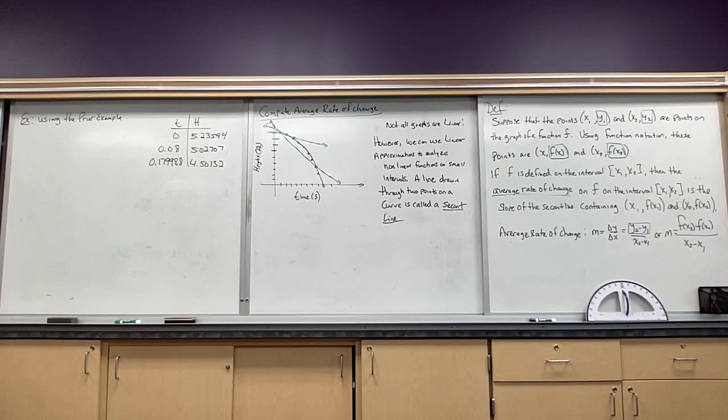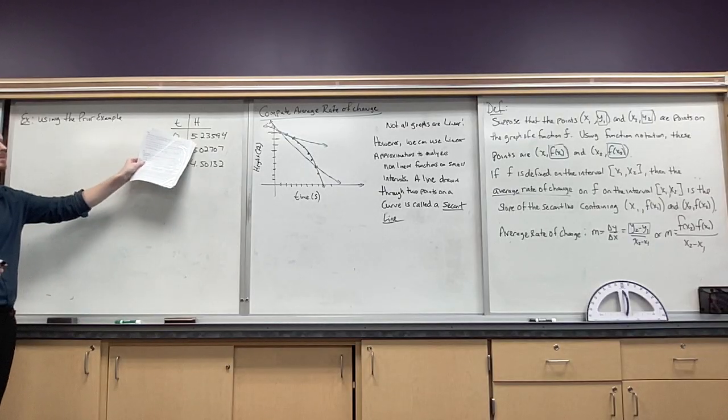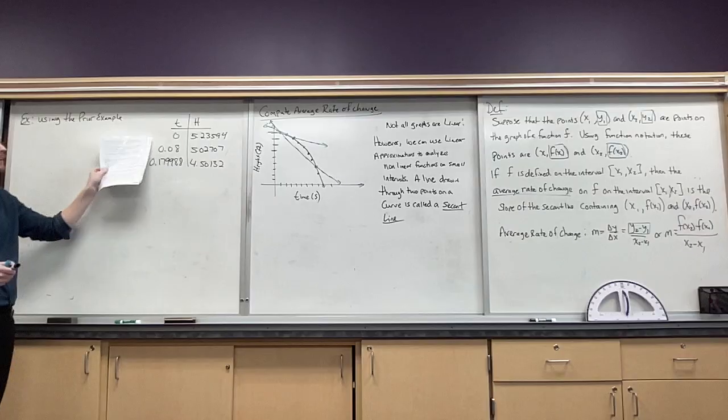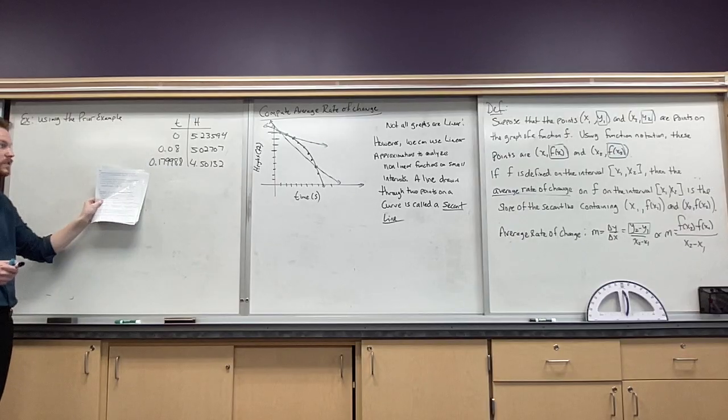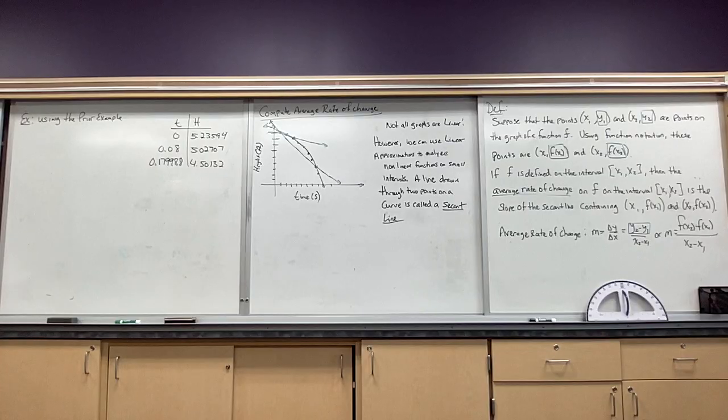Again, I wasn't going to be too accurate with the graph because we just need a general graph to analyze the concept. But here's a table that shows the time. So at 0 seconds, the height of the basketball is 5.23594. After 0.08 seconds and 0.179988 seconds, these are the heights right here. We have a really good camera to see all this stuff, so we know exactly where we're stopping here.